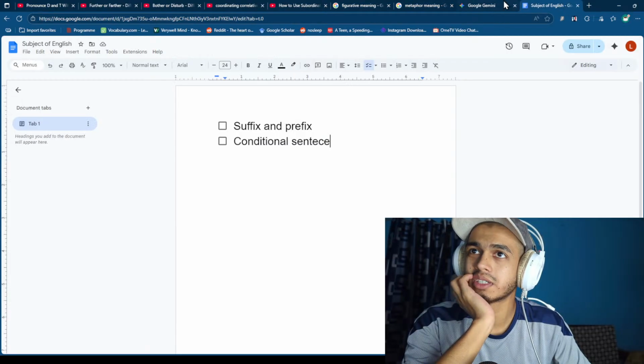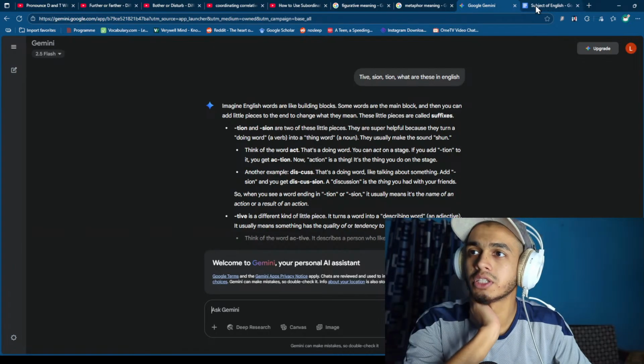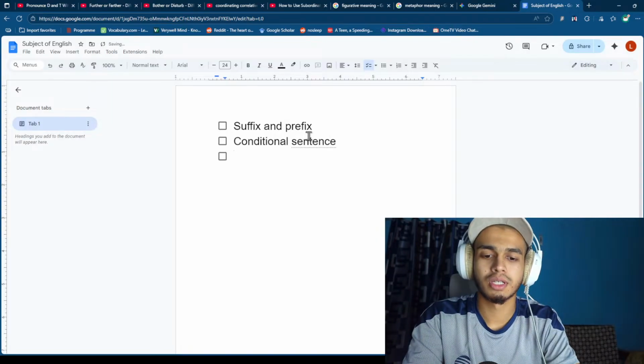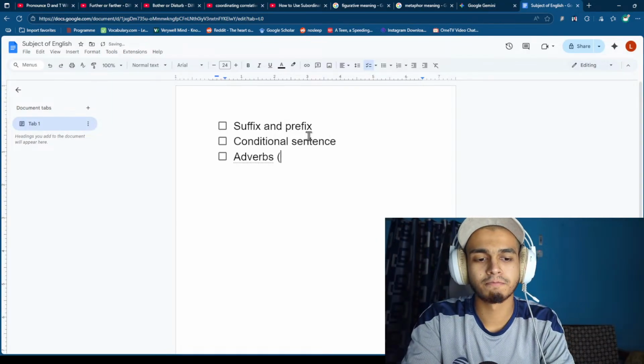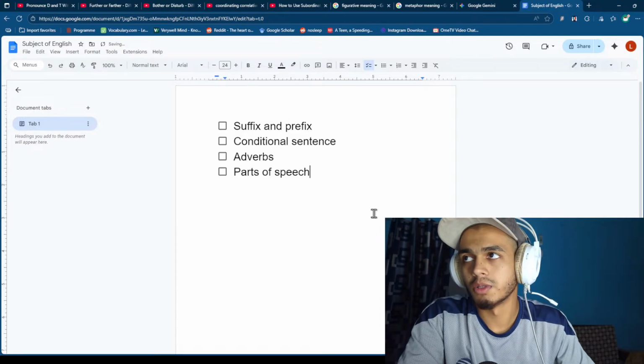Vocabulary, grammar, parts of speech, adverbs, conjunctions. I think if I learn parts of speech, then I'll understand. I mean, parts of speech.